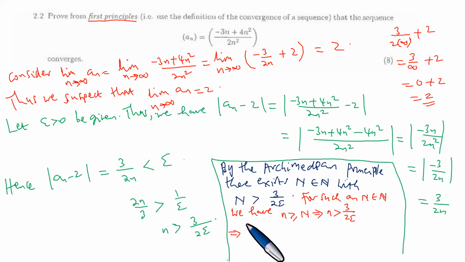And this implies that a_n minus 2 is less than, we got that a_n minus 2 here was actually equal.